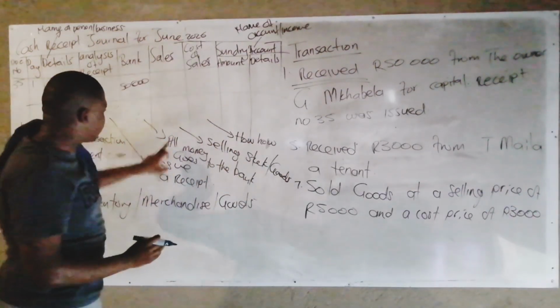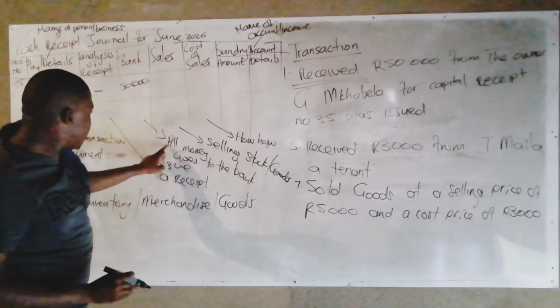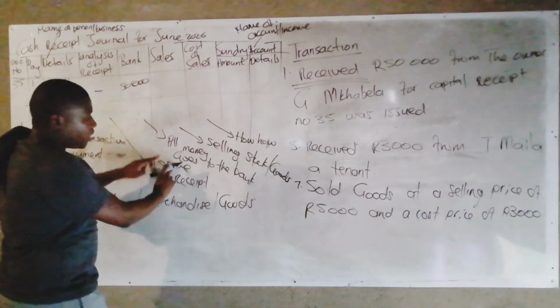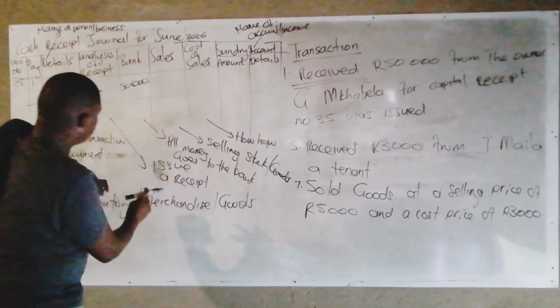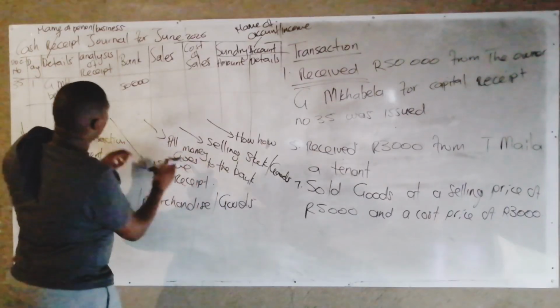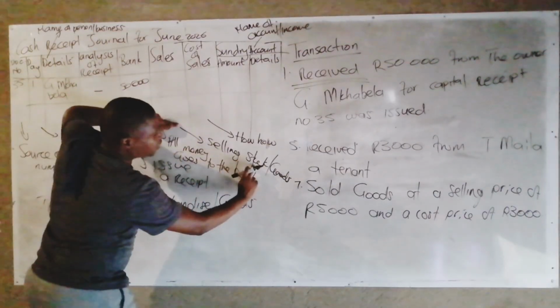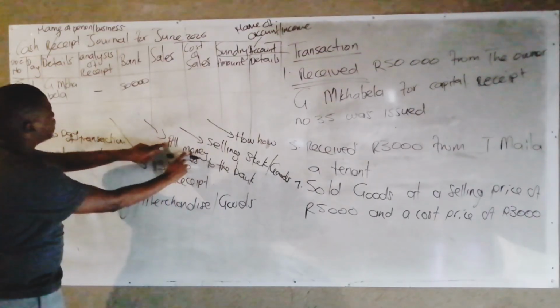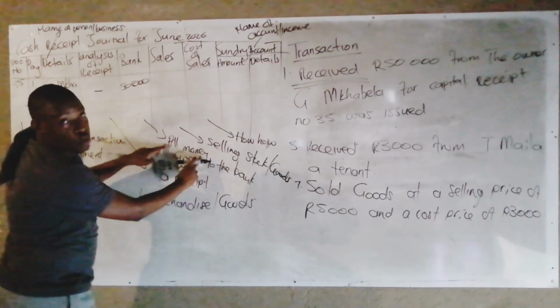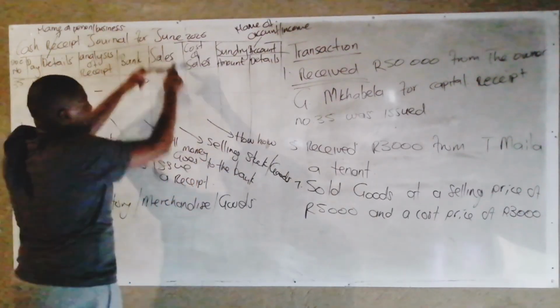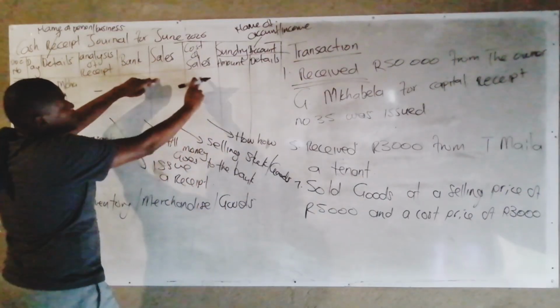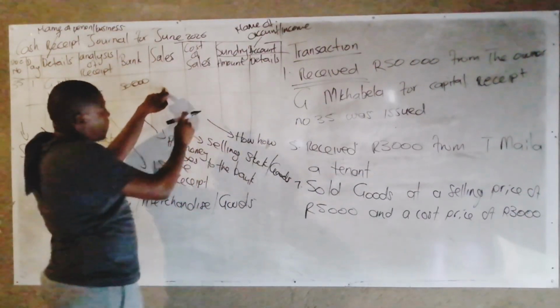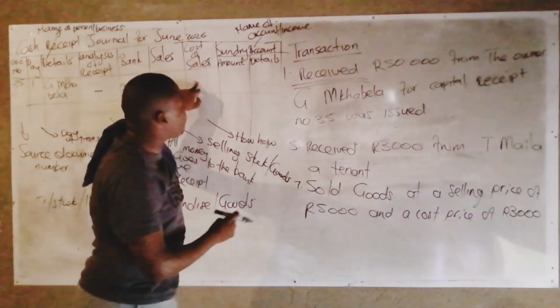Sales is whereby we sold goods, money coming in. When you sold stock or goods, this one is for the bank. All the money goes to the bank account, guys. So when you sold stock, then we enter this transaction: the amount we sold for, and then how much you bought this stock for.